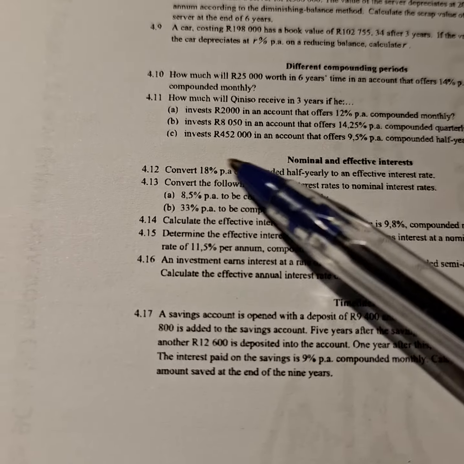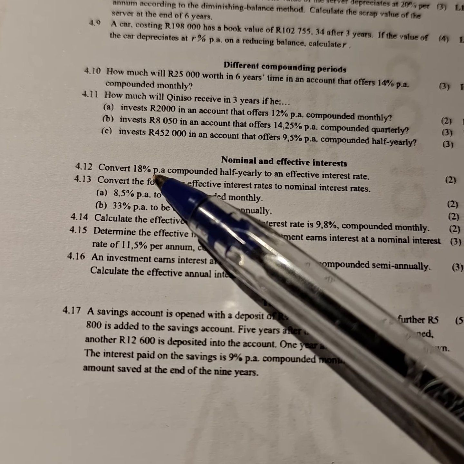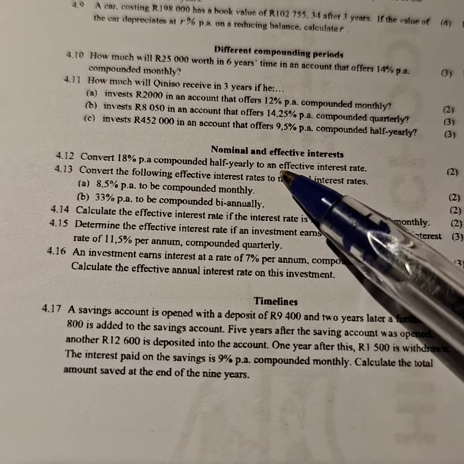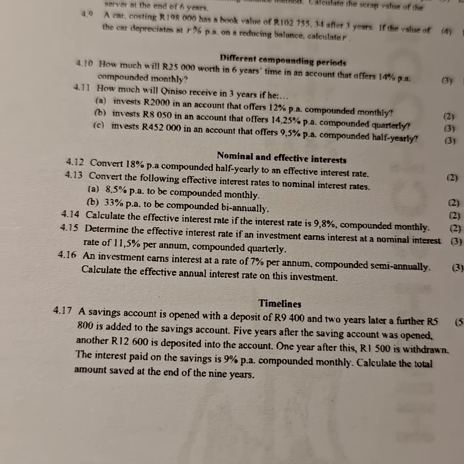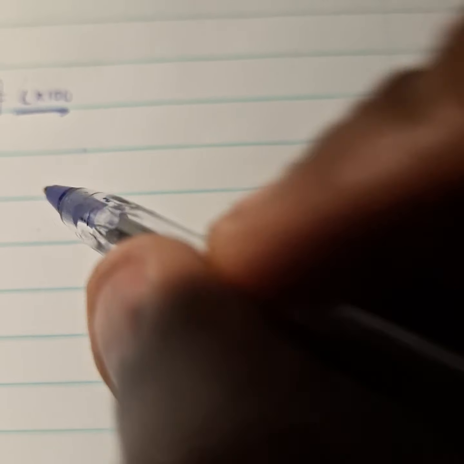Then here we have nominal and effective interest rate questions. Convert 18% per annum compounded half yearly into an effective interest rate. So this one, really and truly, guys, I just want to do this one. Okay, convert 18% per annum.